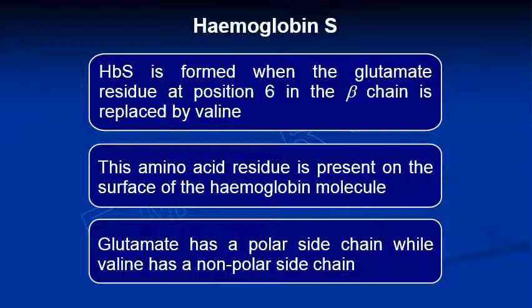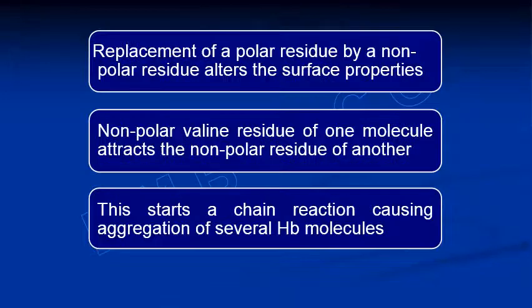And as a result of these changes, the hemoglobin will now attract one another, that is, the other portion. Maybe one hemoglobin is abnormal, but there will be several hemoglobins that are normal, so they will attract one another. And if such attraction takes place, it will lead to aggregation of hemoglobin molecules, because now they will be attached to one another and clump with one another, which is not good.